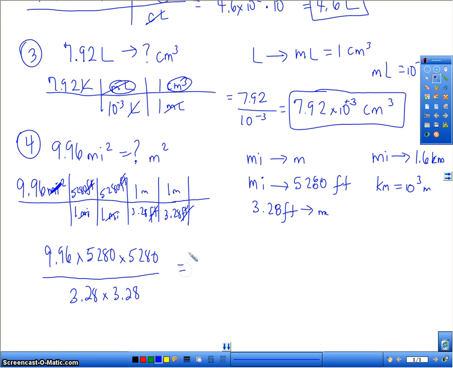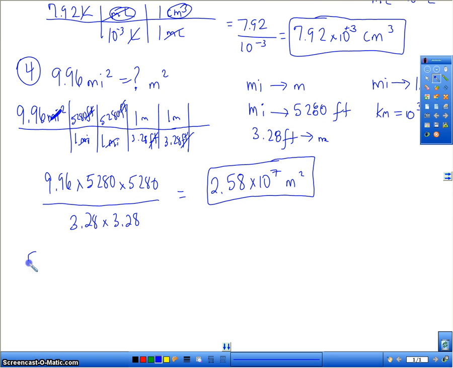So, when you multiply all of that out, you get a large number. It's 2.58 times 10 to the 7th meters squared. So that's your area. 9.96 miles squared is that many meters squared.